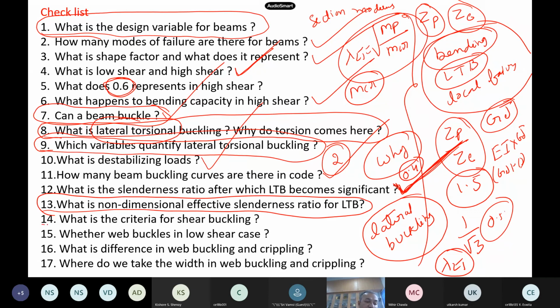Okay. And now what is the criteria for shear buckling? How do you check whether your web will buckle in shear or not? D by TW less than 67. 67, excellent. Does the web buckle in the low shear case?